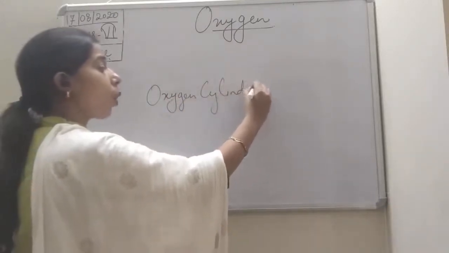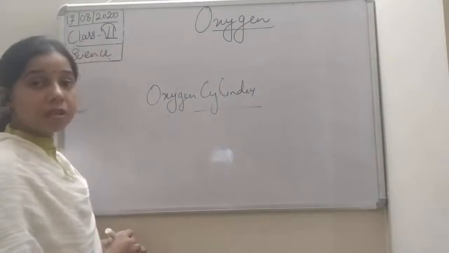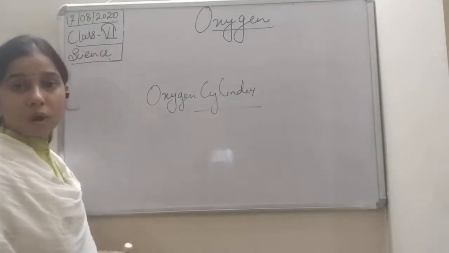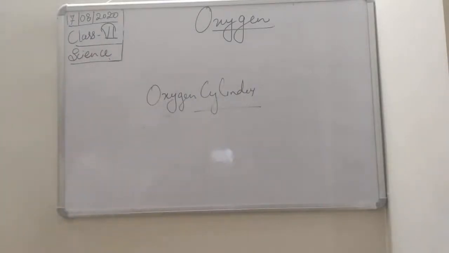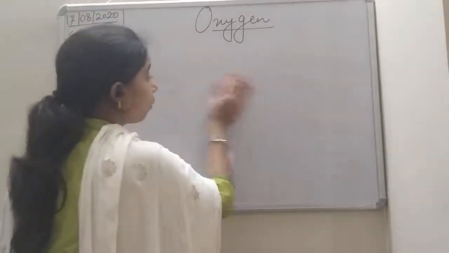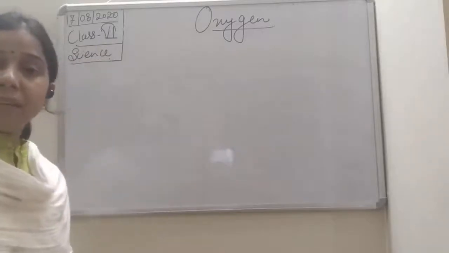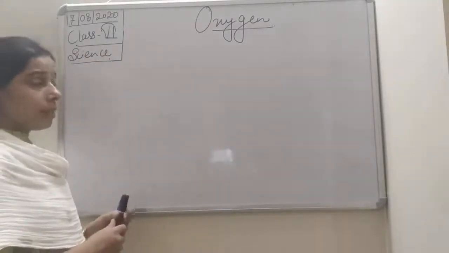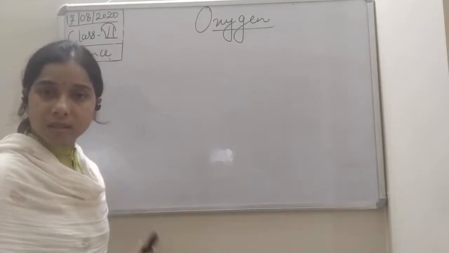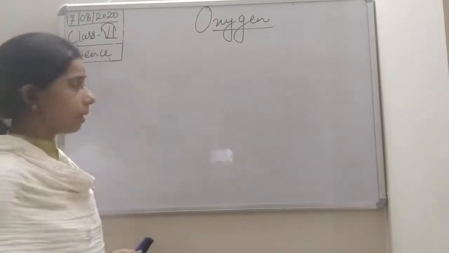So now we will talk about the different situations, students, in which a person or organism has to use an oxygen cylinder even though oxygen is present in the atmosphere.